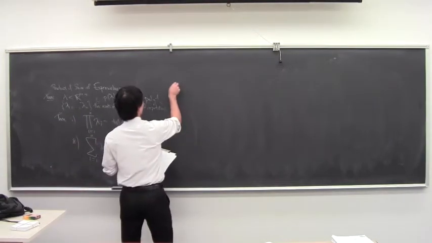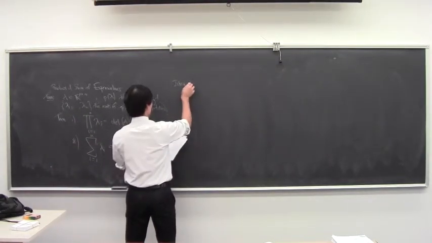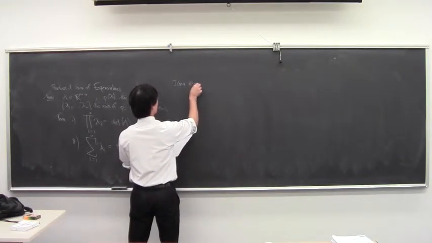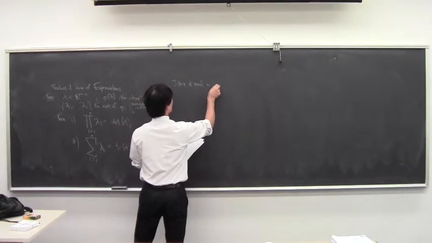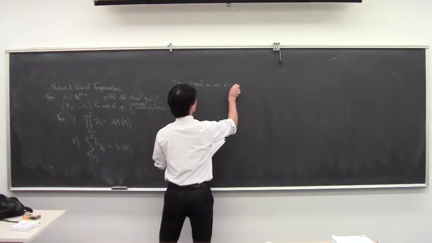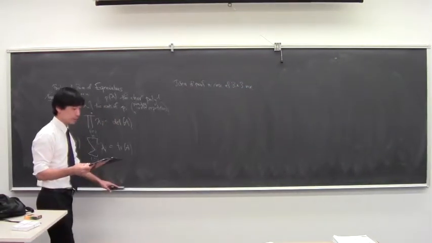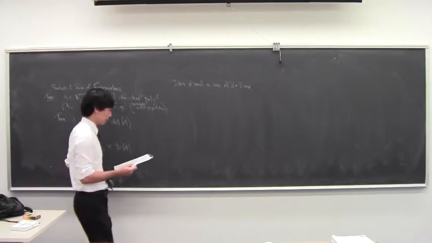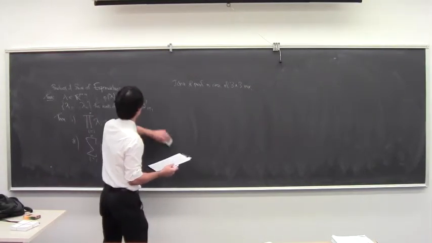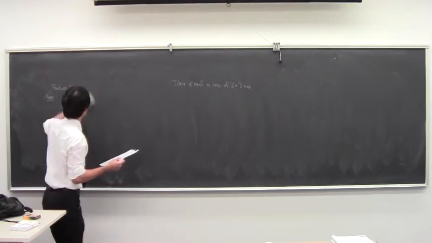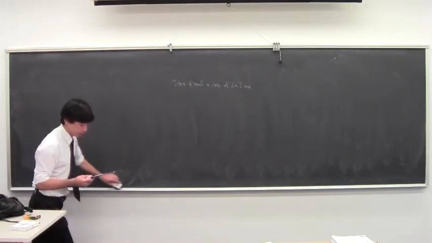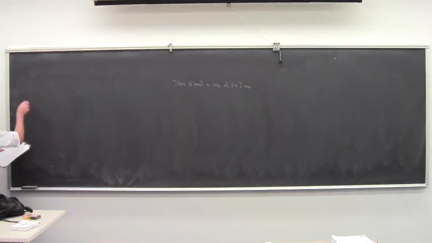So we're going to give the idea of the proof in the case of a 3×3 matrix. And for an n by n, the proof is basically the same. So actually, let me use the whole board. It's going to be kind of long.